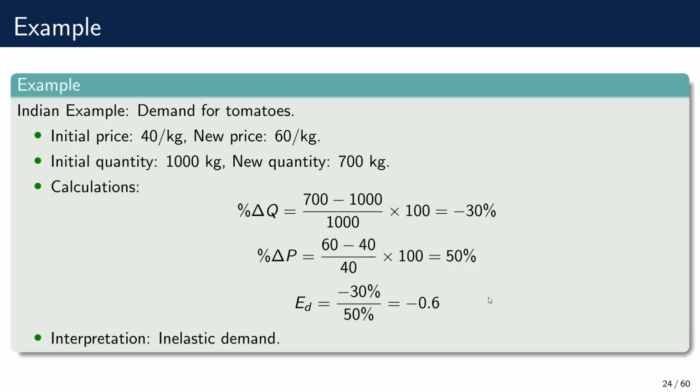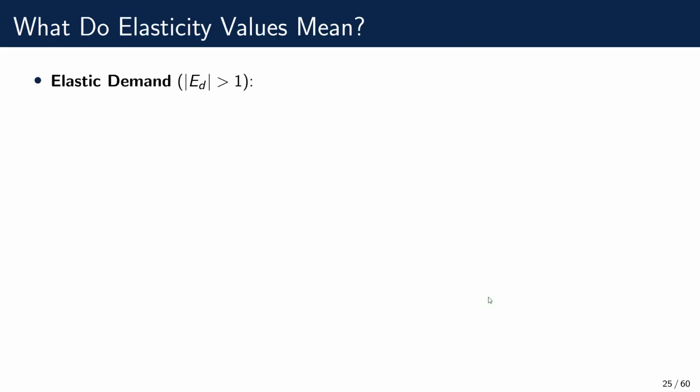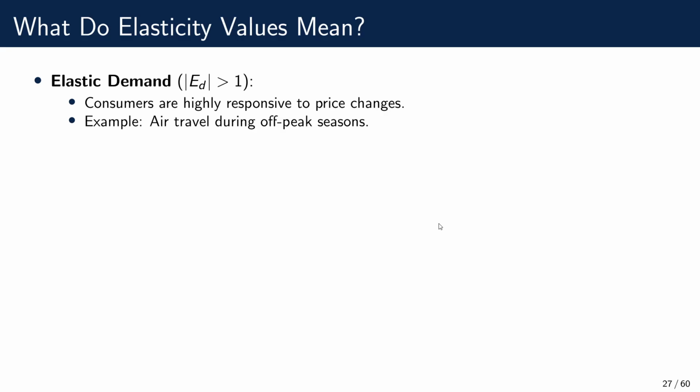Now, what do elasticity values mean? Again, if greater than 1, it is elastic, which means that consumers are highly responsive to price changes. Example, air travel during off-peak seasons.